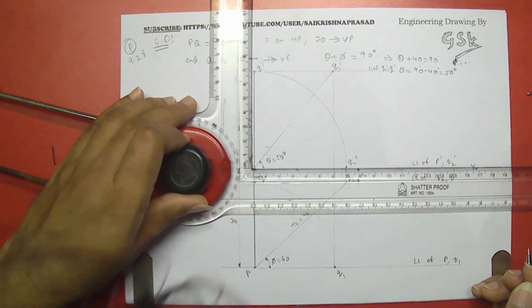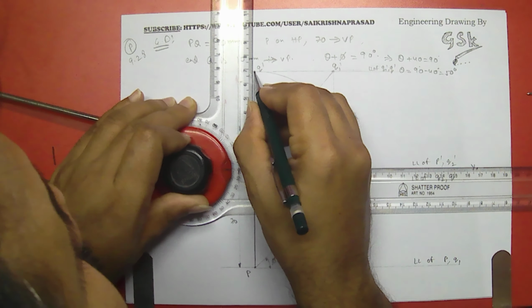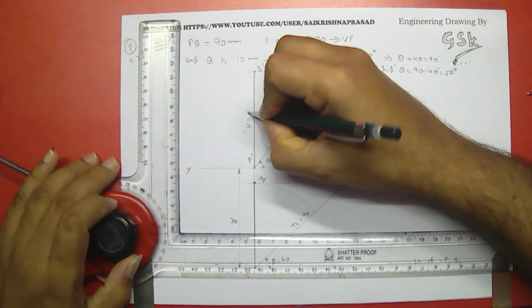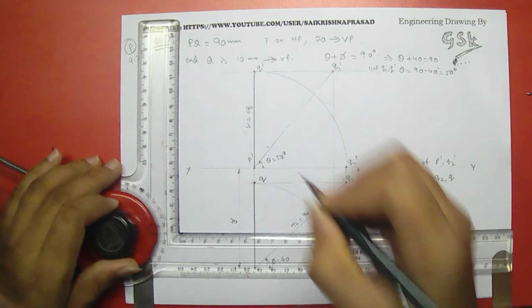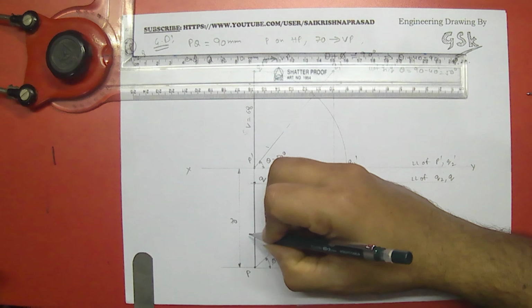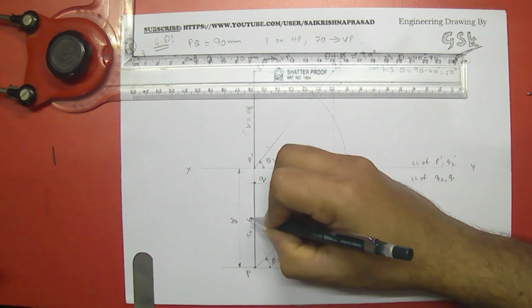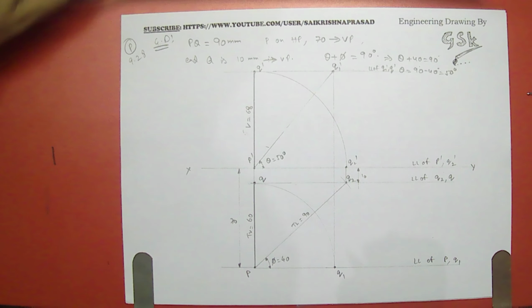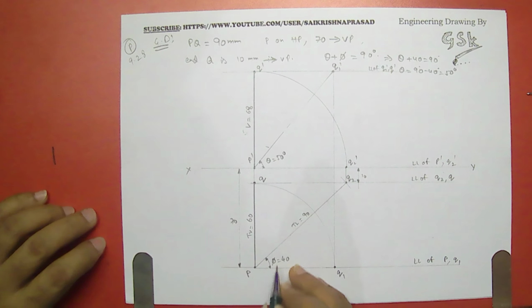We can measure it. This is 68, and this is the final top view, and this is around 60. Top view 60, right? We got alpha, theta and phi.